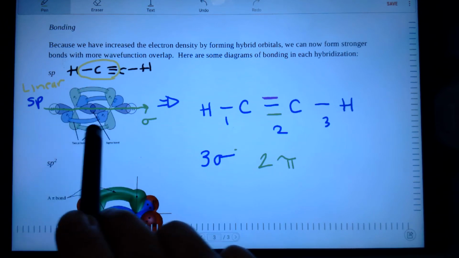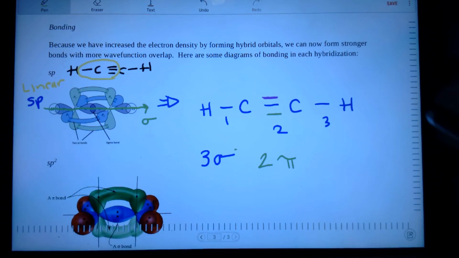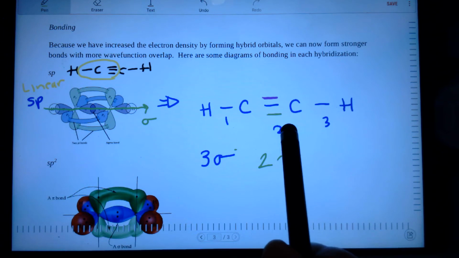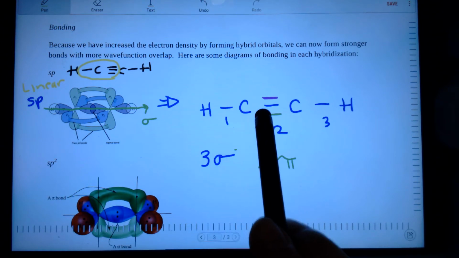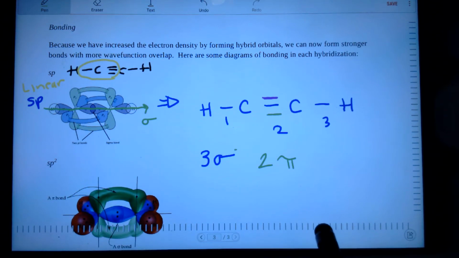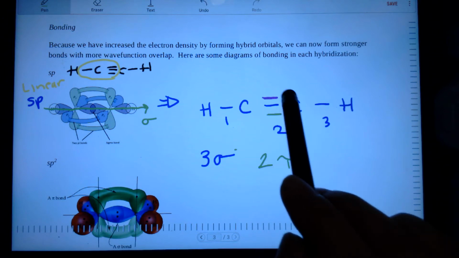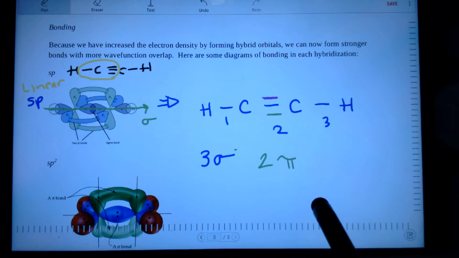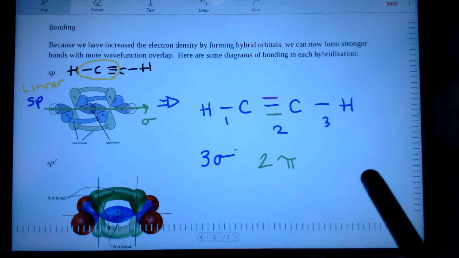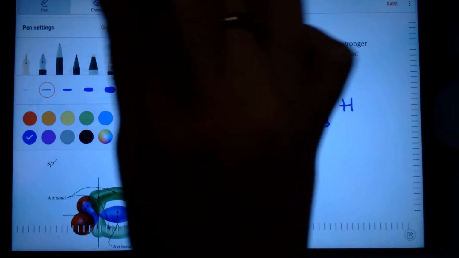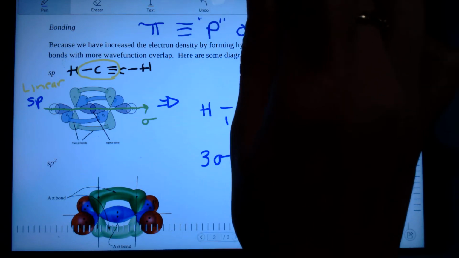So in higher order bonds, all single bonds are sigma bonds. If you start adding double and triple, the extra bonds are pi bonds, and those are formed from p orbitals. That's important: our pi bonds are formed from p orbitals.